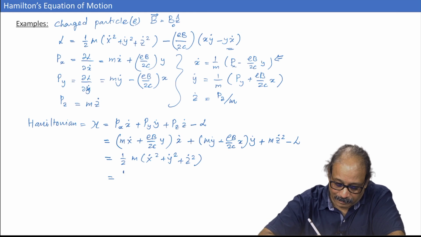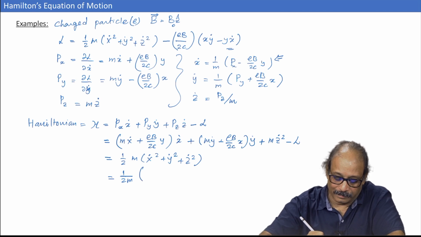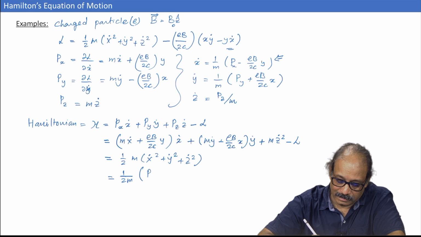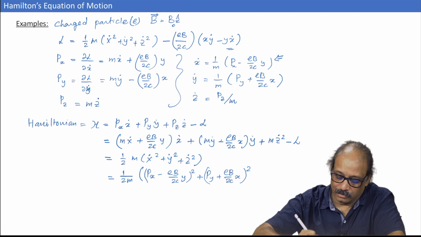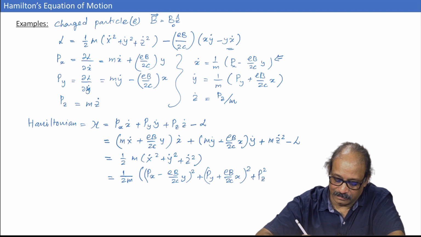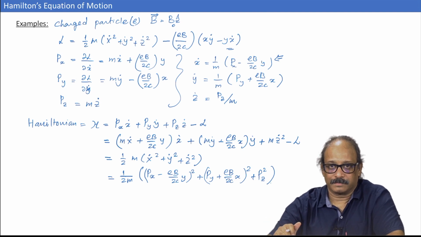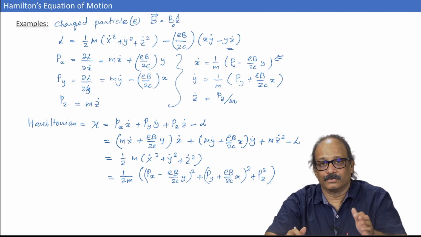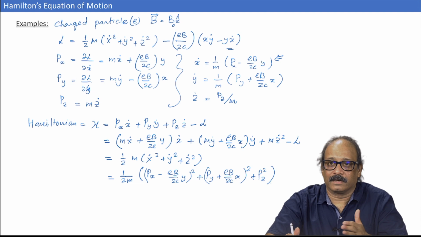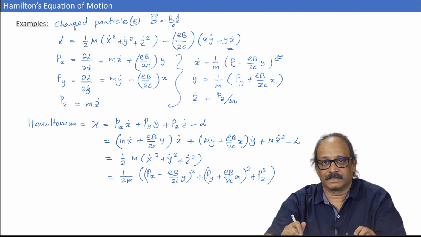That part is very easy here, because this would simply become, in the bracket, (Px minus EB by 2c times y) whole square plus (Py plus EB by 2c times x) whole square plus Pz square. And then of course, you can expand this again, and that is how you would get the Hamiltonian, and then we can use the Hamilton's equations to calculate the equations of motion.